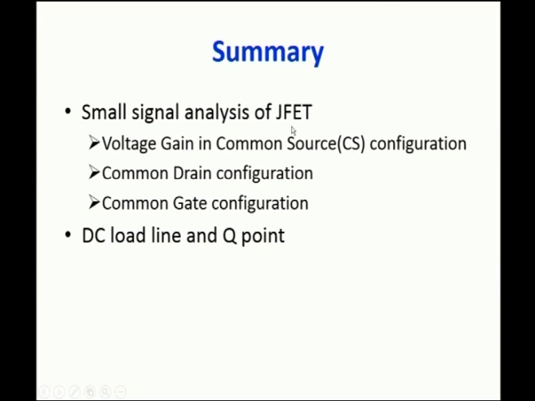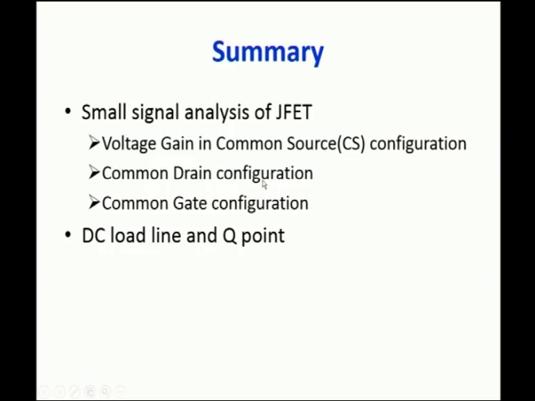We will summarize what we have seen today. In the small signal analysis of FET, for the common source configuration the voltage gain has been derived, and for the common drain and common gate configurations the input impedance, output impedance and voltage gain have been derived.